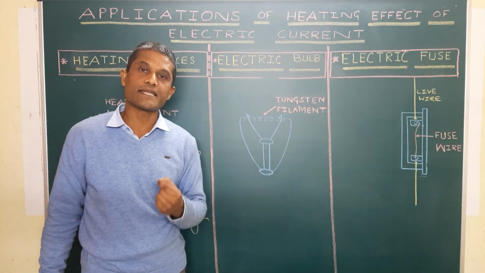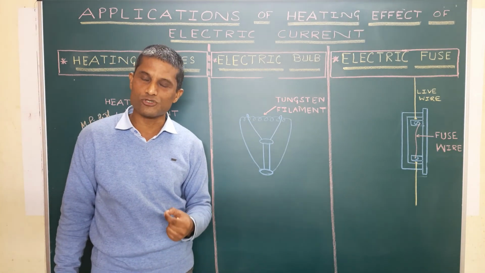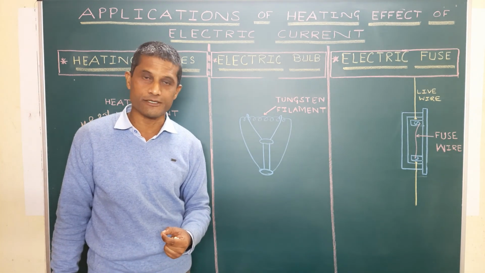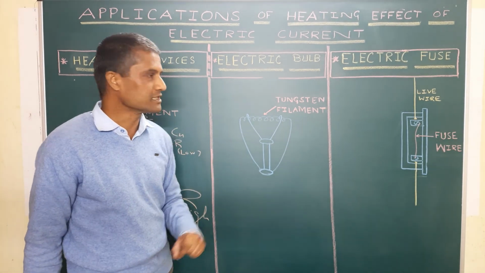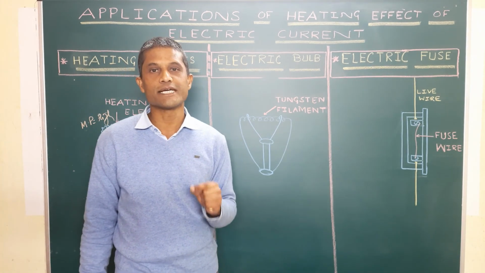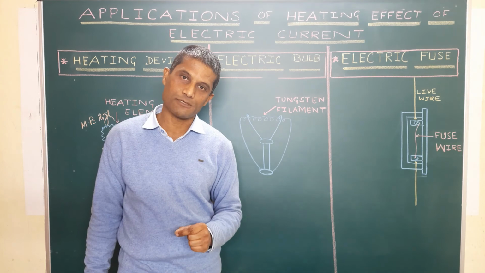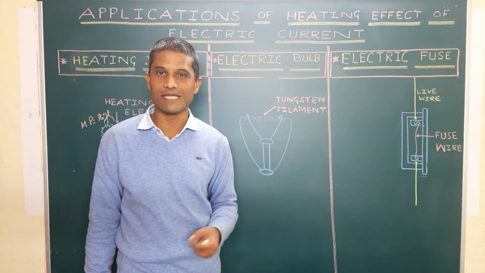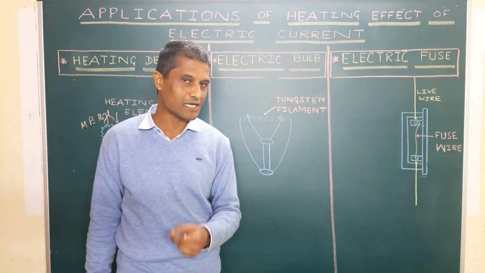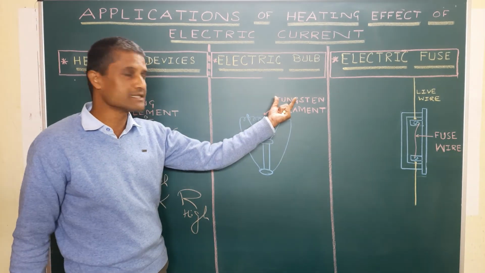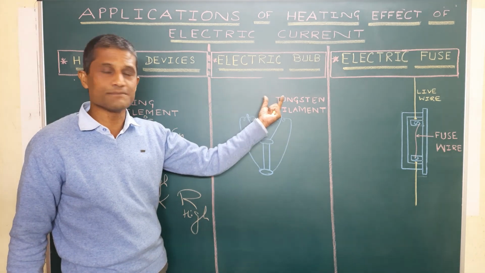Remember, the tungsten has many special characteristics, and that's why it is well chosen for the job here. It is a very important question in board examinations, why do we use tungsten filament in an electric bulb. The answer to this question is going to be in another video, but let me tell you that yes, the tungsten has very high resistivity.